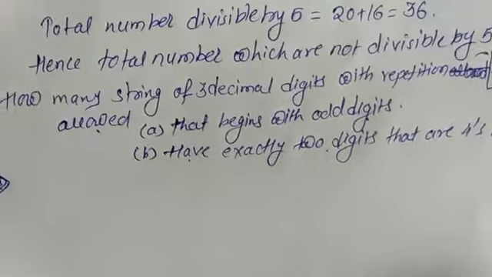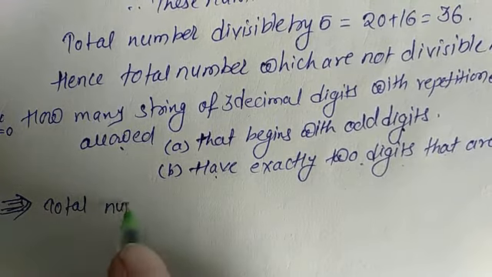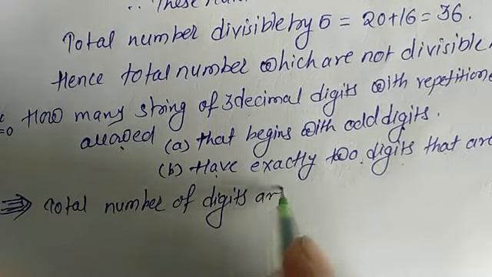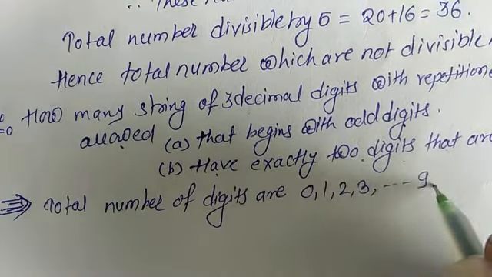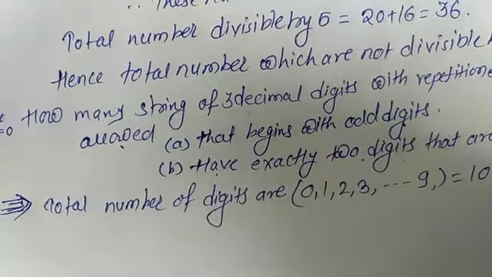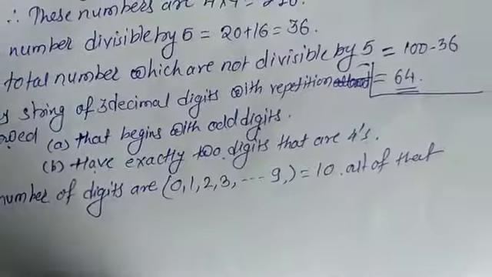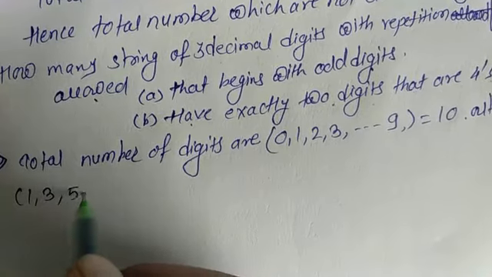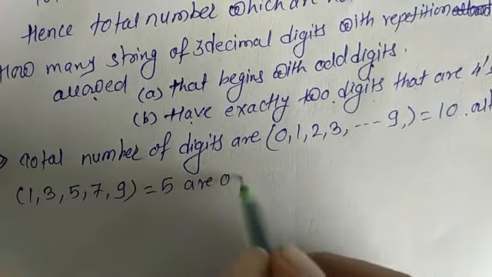Okay, now for the first, the total number of digits are 0, 1, 2, 3, 4 up to 9. So there are 10 digits. Out of that, the odd numbers are 1, 3, 5, 7, 9, which are 5 odd digits.